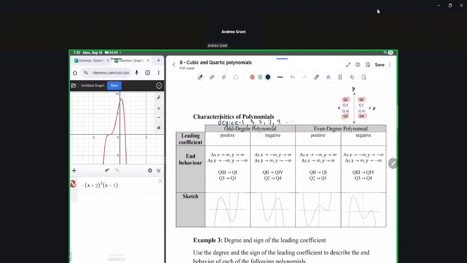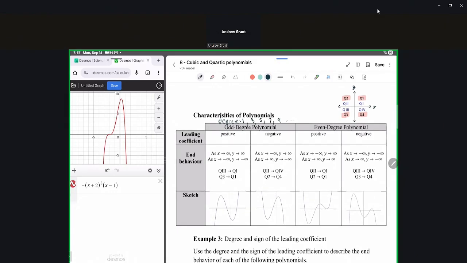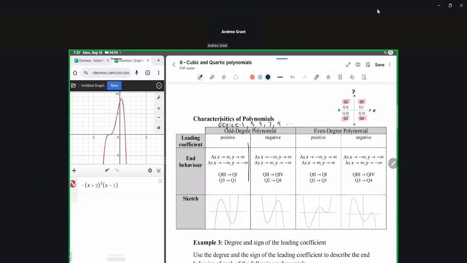The leading coefficient is positive or negative, but in this case, we'll say, look, if the leading coefficient is positive, what happens? As x goes to infinity, y goes to positive infinity. As x goes to negative infinity, y goes to negative infinity.